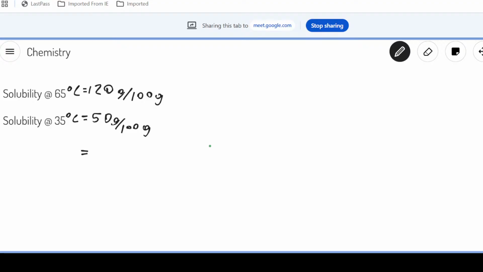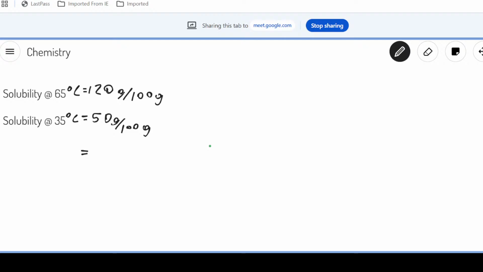So remember, this is a part of mixtures and separation, the different phases, and pure substances versus mixtures.